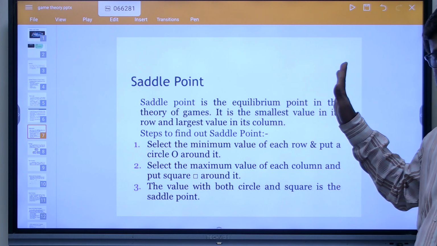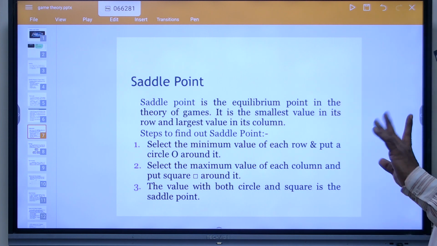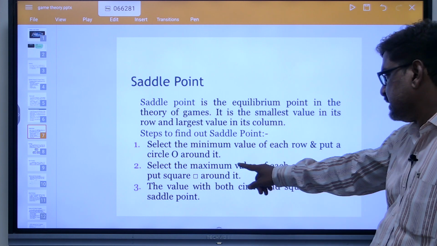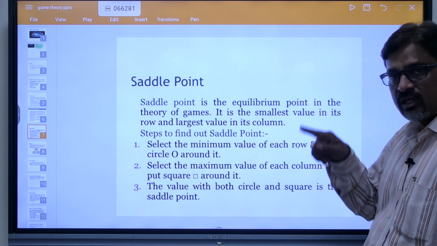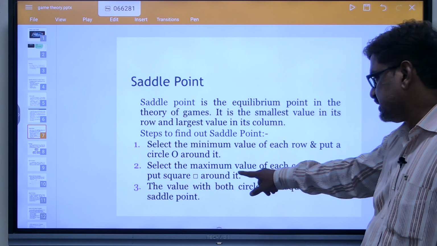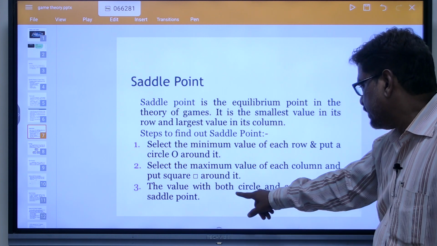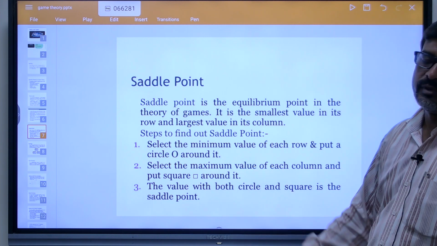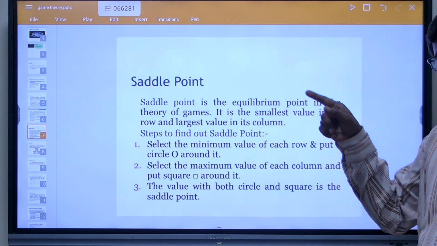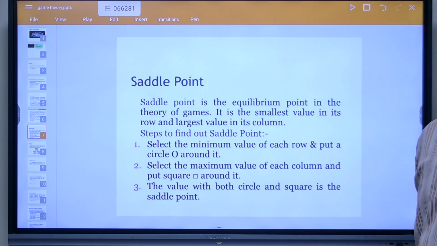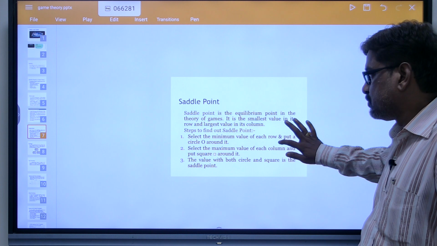That is the row minima. Then select the maximum value of each column and put a square. Column-wise, we just put a square box. The value with both a circle and a square is the saddle point. Where we have the circle as well as the square, that is called the saddle point, and that will give you the value of the game, and that is the solution.